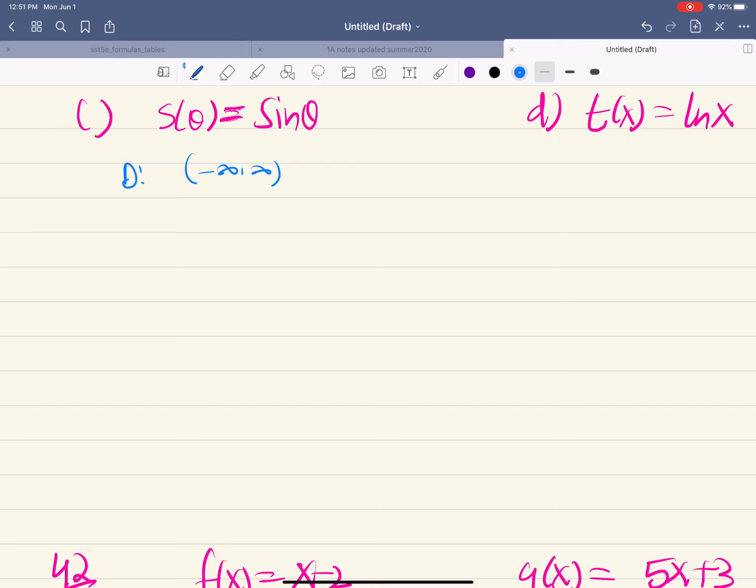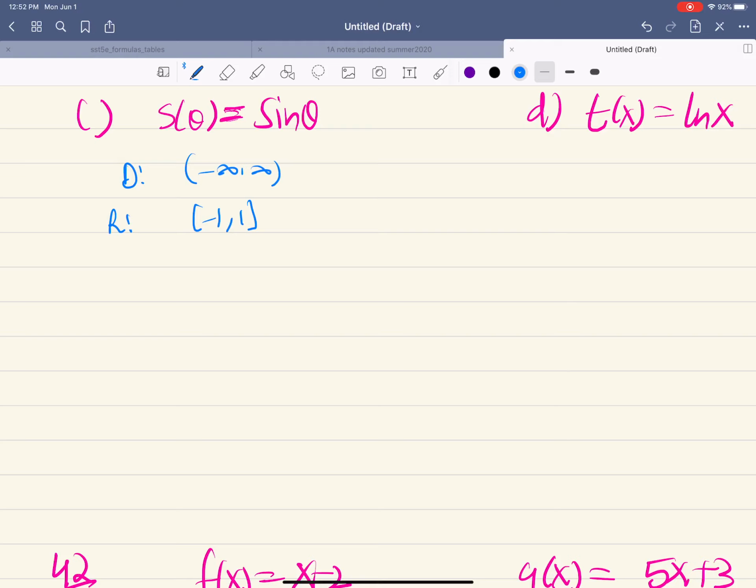Sine theta always stays between negative 1 and positive 1. The range includes negative 1 and positive 1. Sine theta does not go beyond negative 1 to positive 1.